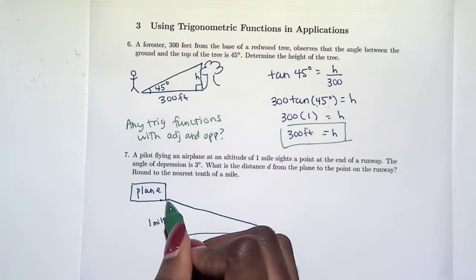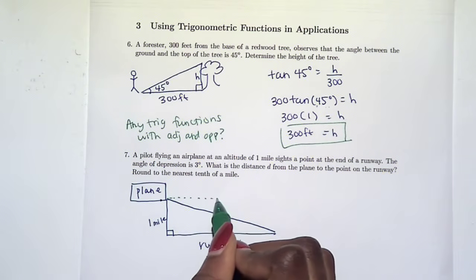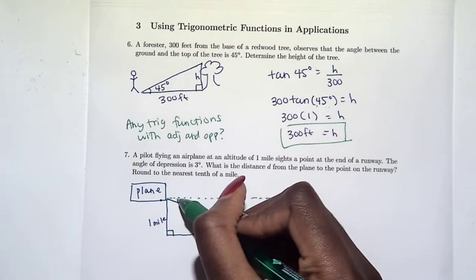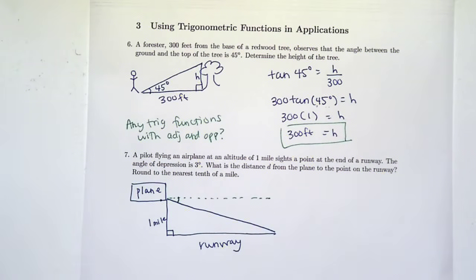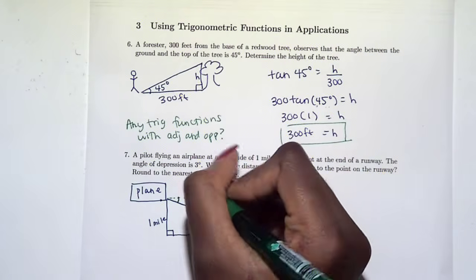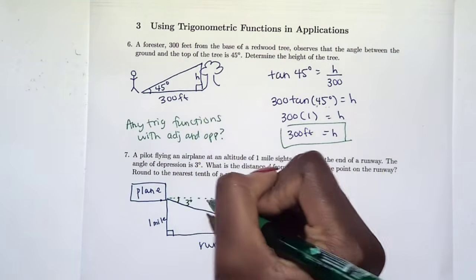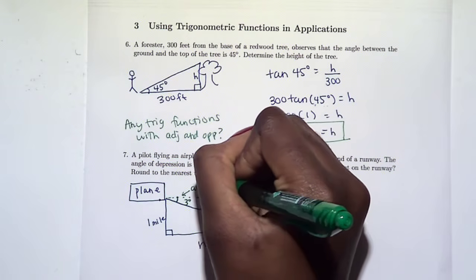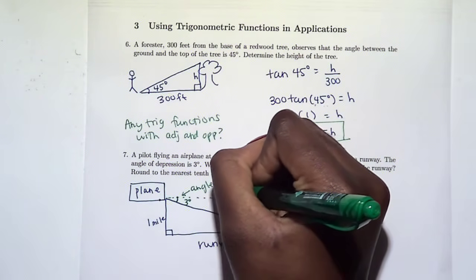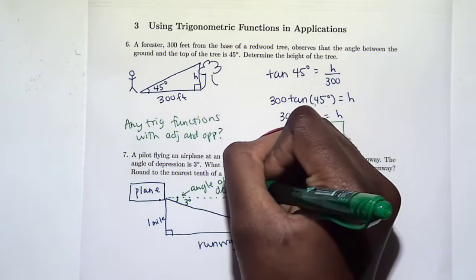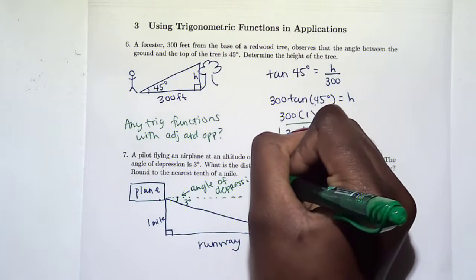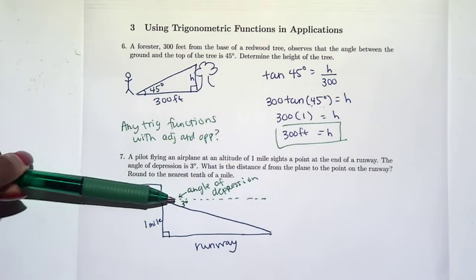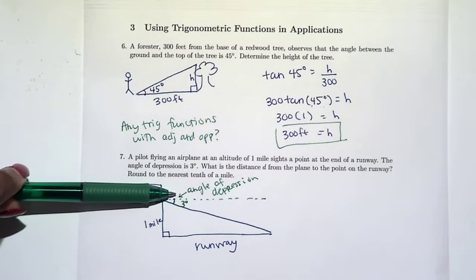What I like to do is just draw a horizontal line out from what we're talking about, and then this is our angle of depression. This is our 3 degrees. So it's when you start where we are and go down. That angle is the angle of depression.